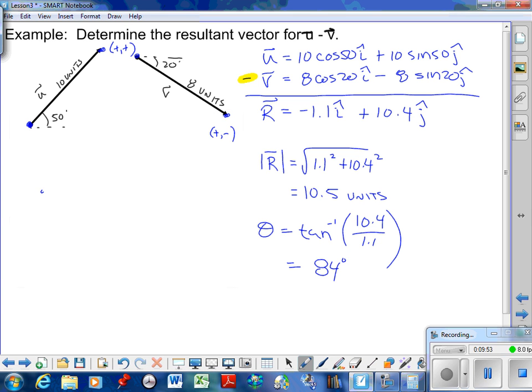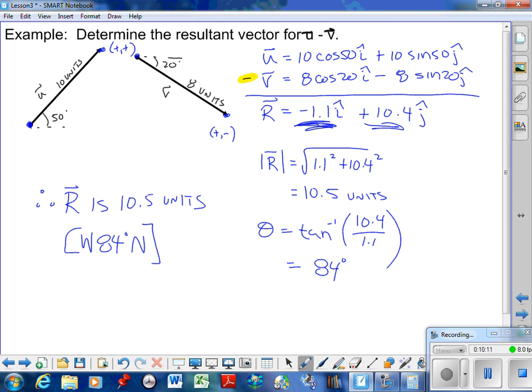Therefore, your resultant is 10.5 units in the direction, the i component's negative, so that means I'm heading west. 84 degrees is always the angle I want. The j is positive, so you are heading north. So that would mean the vector is pointing in that direction.